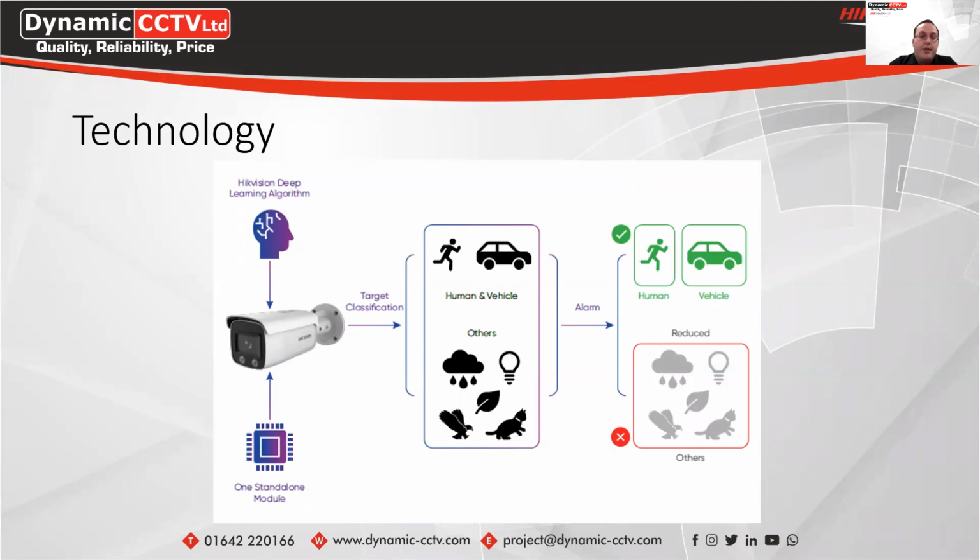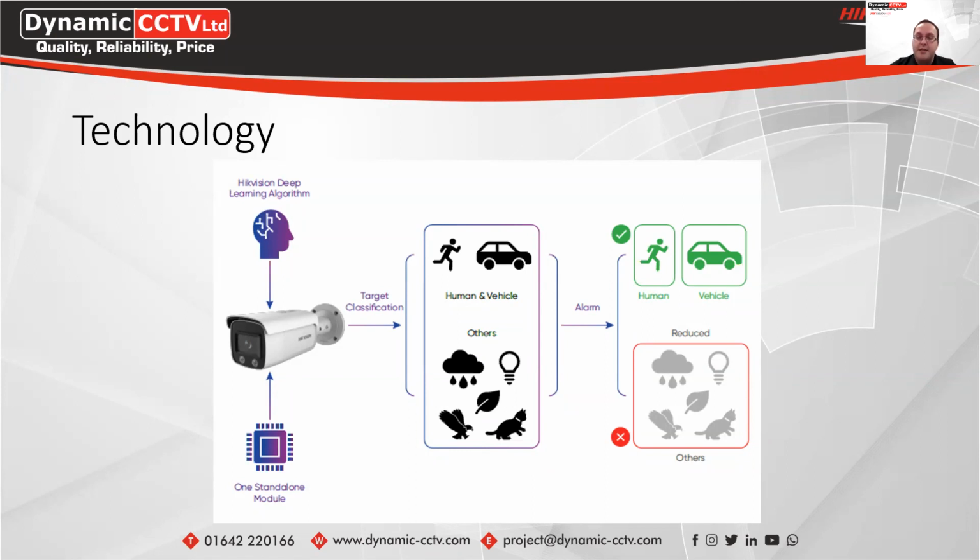So the way the technology works is all done on the actual camera itself. So it has Hikvision's deep learning algorithms in the actual camera. And what you can do is you can either have the camera standalone, or now it's compatible on both the I series and K series for configuration. So when we go into the web front end of our units here, you'll see there's a couple of extra options now, similar to the Deep in Mind units.